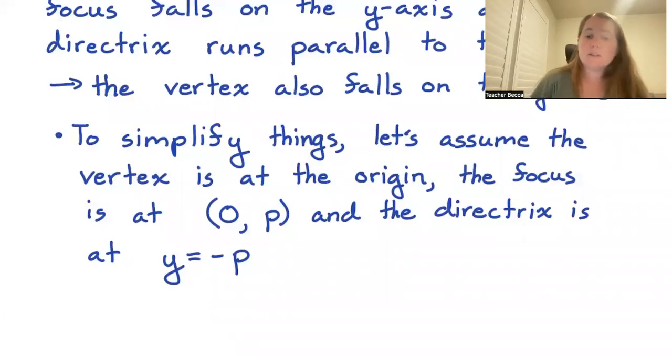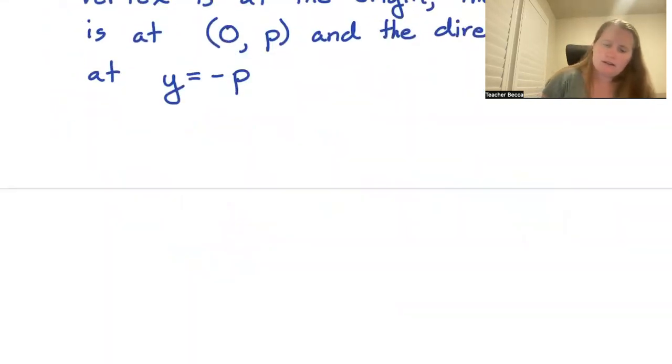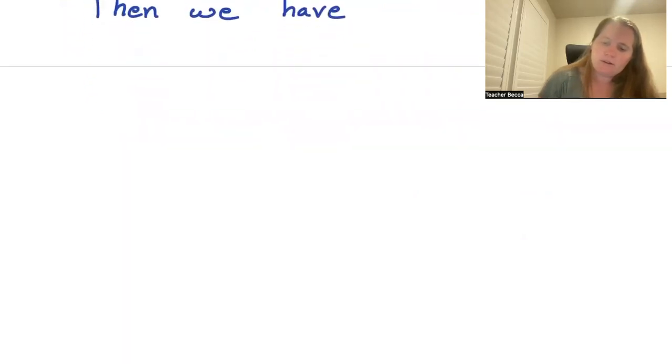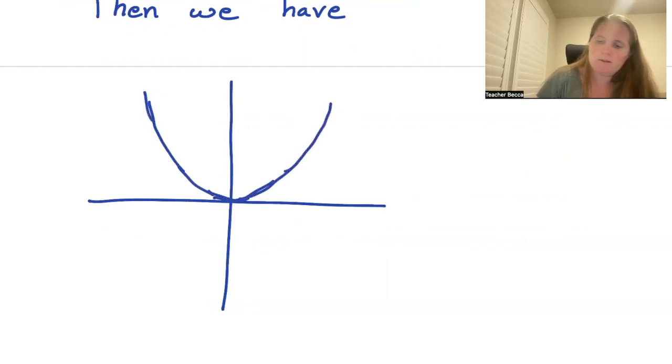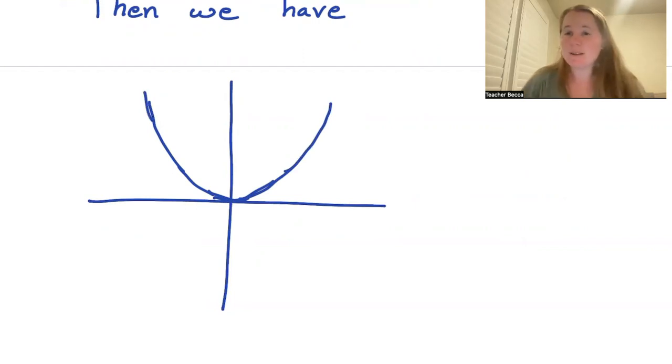So essentially the picture we are looking at is a parabola that goes through the origin. I'm going to assume it's opening up for now, although P could also be negative, and that would be fine.